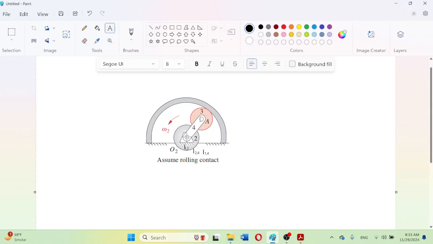here the pin between link number 3rd and link number 4, the pin is shown here. So this is also a permanent instance center, so we can write it here that the permanent instance center I3 comma 4.